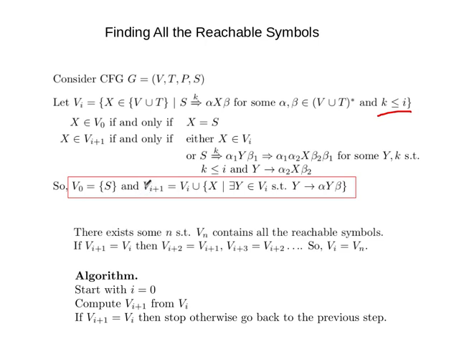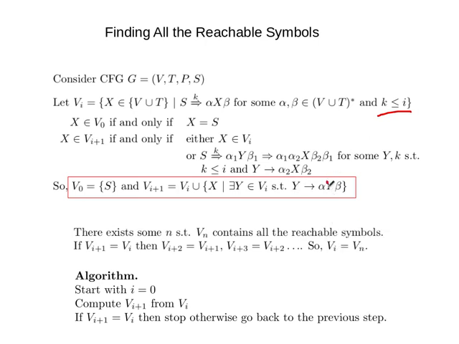So that means what is V_(i+1)? It is either in V_i, obviously because of this definition. If it is reachable within i steps, it is reachable within i plus 1 steps. So you have all these V_i's, or you can have this case that you can reach some y in i steps, and from this y, so this should be x.